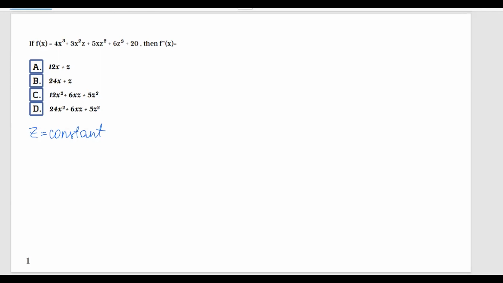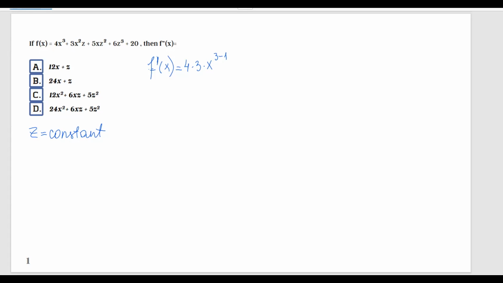So let's proceed. Remember, we are considering z as a constant. First, we're going to calculate the first derivative of f. This is going to be 4 multiplied by 3 multiplied by x to the power 3 minus 1.